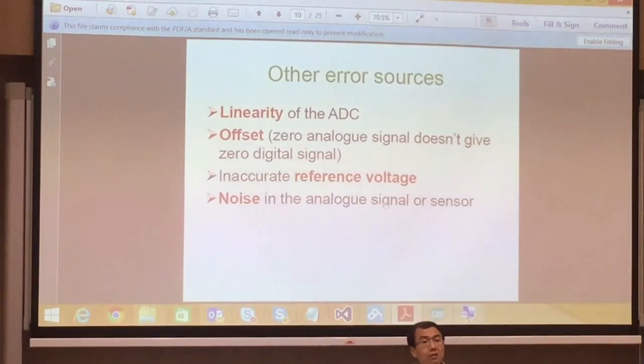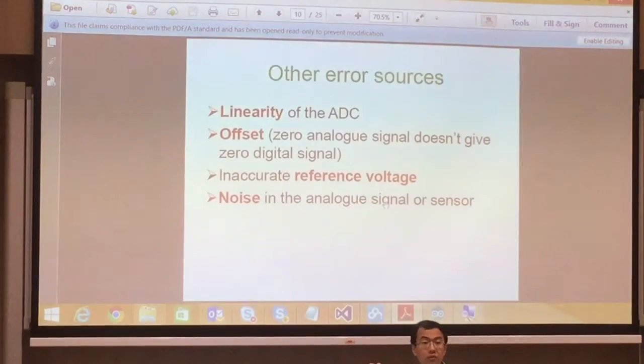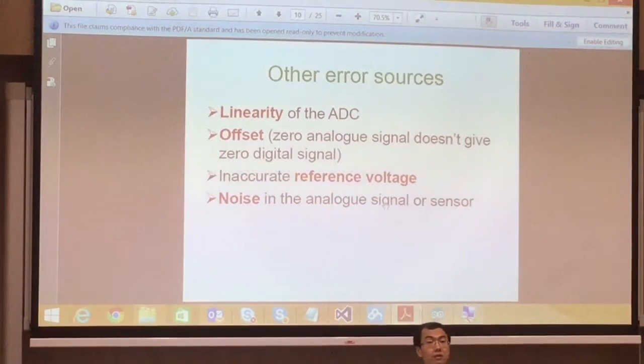The battery voltage is not always 3.3 volts. As you use it more, the new battery and the old battery have slightly different voltage. It's not always 3.3. So if you need an accurate reference voltage, then you need to have a special circuit. And of course, noise also affects the accuracy.